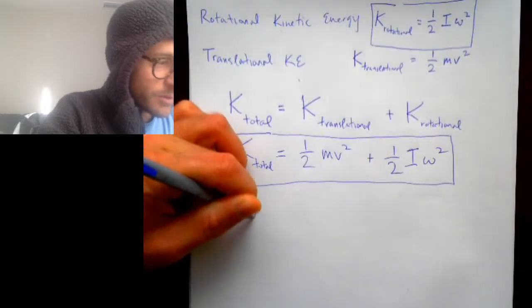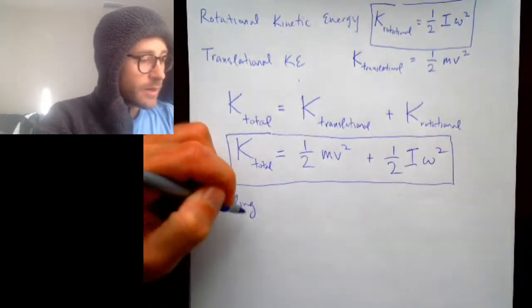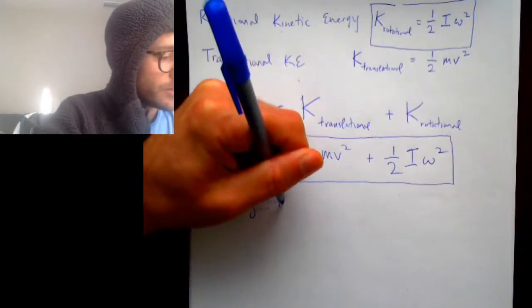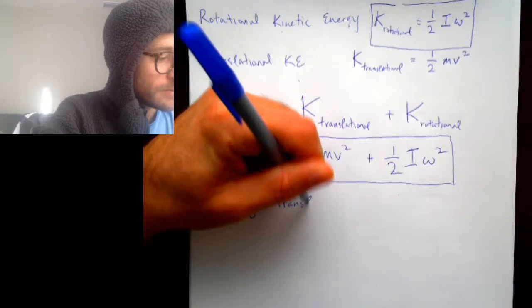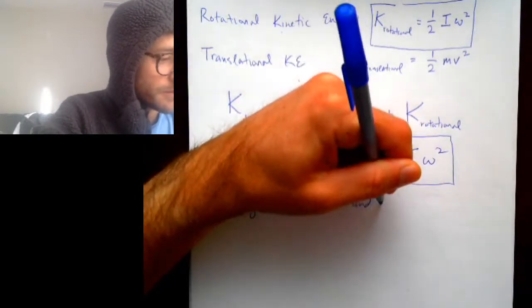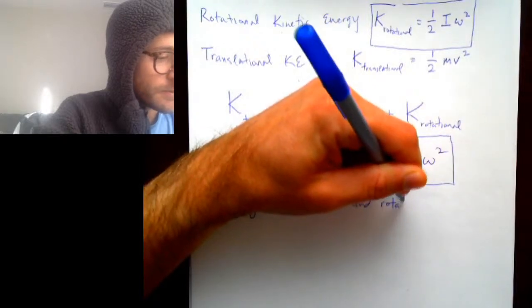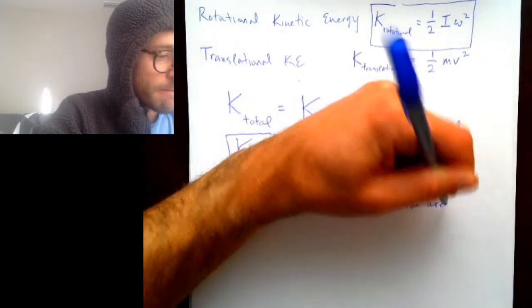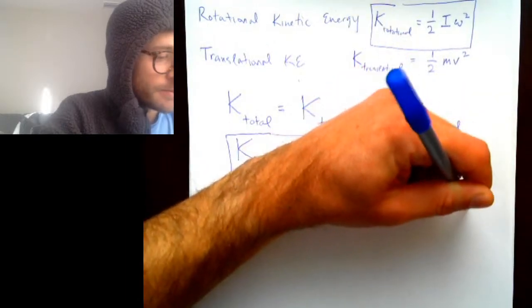So when something is rolling, this means that translation and rotation are related. Okay?